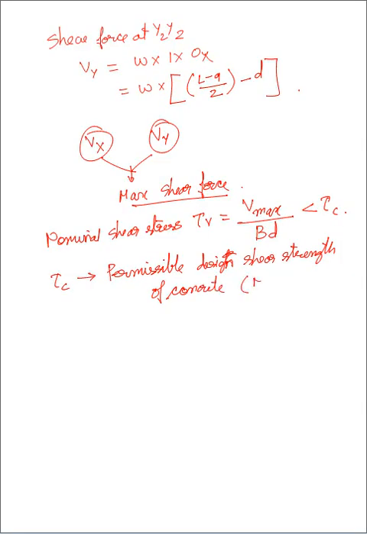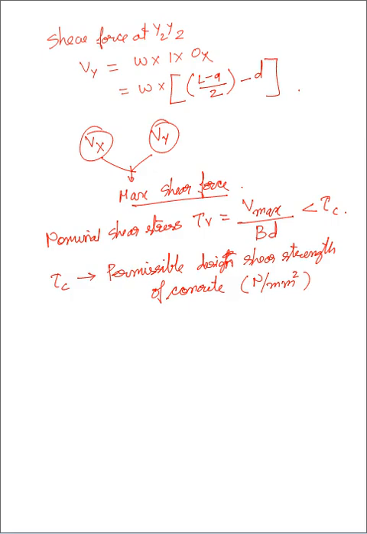Basically it is also expressed in Newton per mm square. So footings are generally safe in shear. So shear reinforcement, while designing a beam we are providing stirrups. Okay, so there is no need of such type of shear reinforcement while designing a footing.